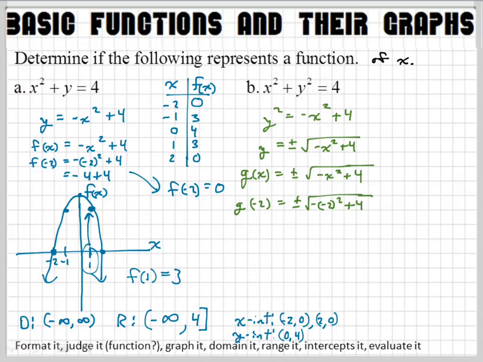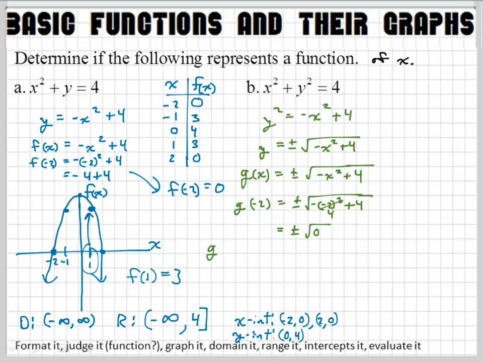If I plug in -2, I want to get 2 outputs. So we're going to have plus or minus, and this is going to be a 4, and it's negative. Actually, this is a bad example because -4 plus 4 is going to be 0, and that's just one solution. So at -2, we only have one output.